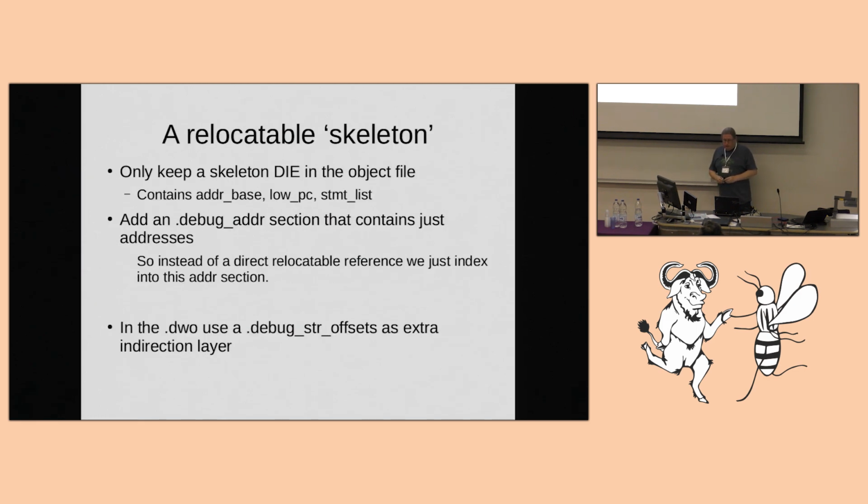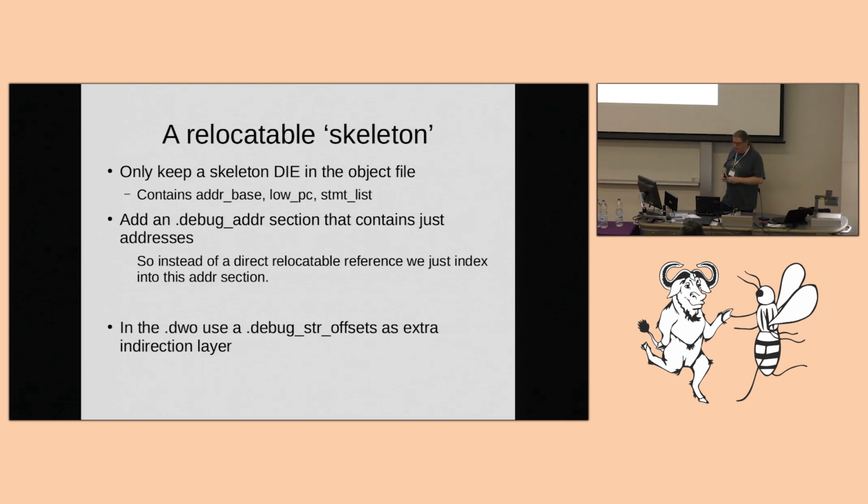But what we could do is create a skeleton die tree that has all the stuff that needs relocation, and then add a new debug address section that just contains the addresses that need to be relocated.